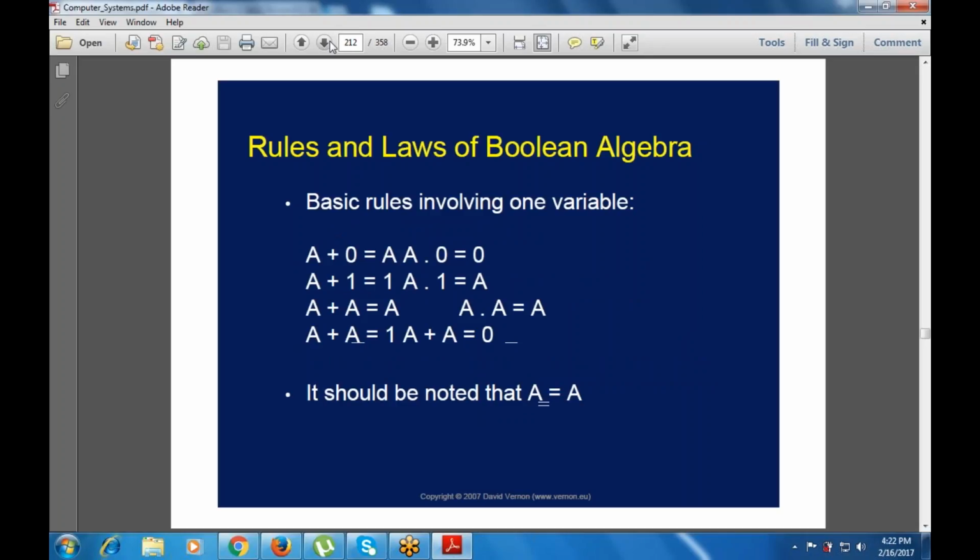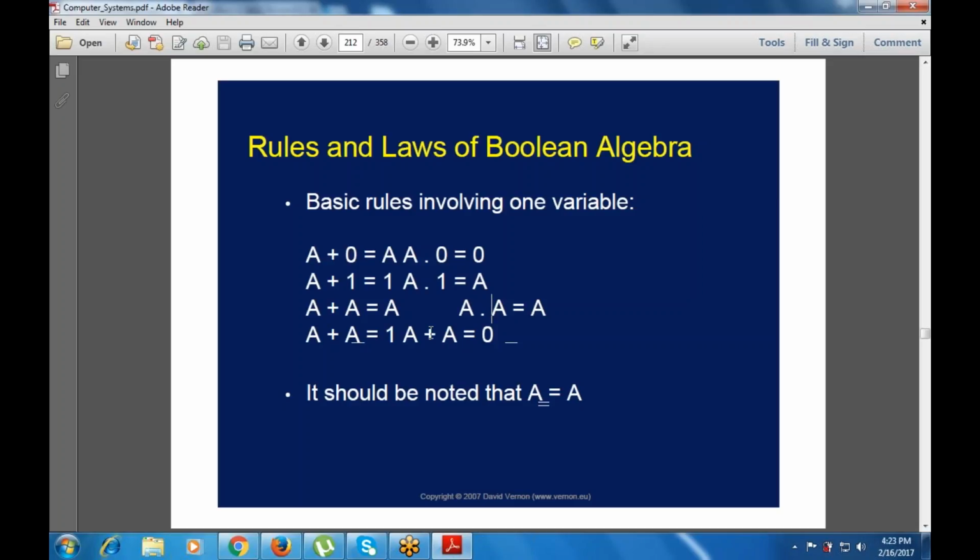So A plus 0 equals A, and A into 0 equals 0. Then A plus 1 equals 1 and A into 1 equals A. Again, A plus A equals A. A plus A dash equals 1, A into A dash equals 0.